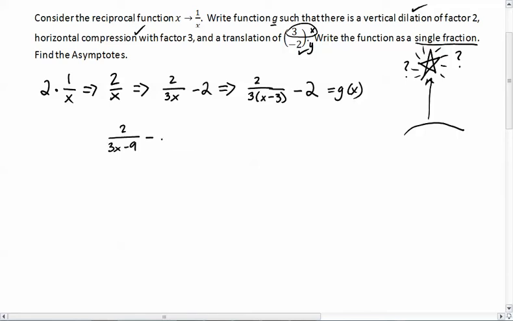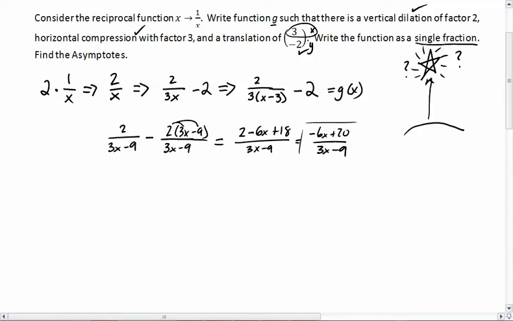So minus, now I need the bottom to be 3x minus 9. So if I want the bottom to be 3x minus 9, I need to multiply the top and bottom by 3x minus 9 to give me a common denominator, which means I now have 2 minus 6x plus 18, because this 2 will be distributed to both of those, and then the minus will be distributed to both of those, all over 3x minus 9, which in the end gives me negative 6x plus 20 over 3x minus 9.